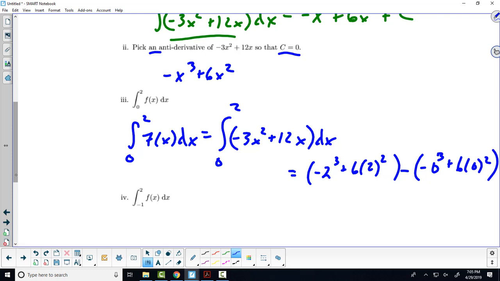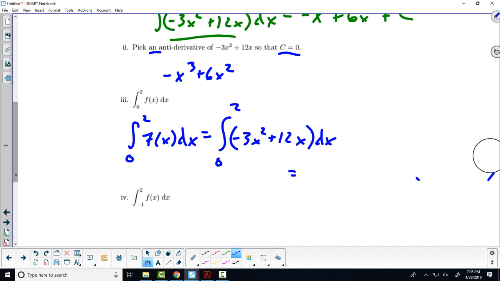But what's hard about that? It's way too many steps to do in one move. Why? Because I was taking the antiderivative and evaluating it in the same step. So we never do this. People make way too many mistakes if they try.